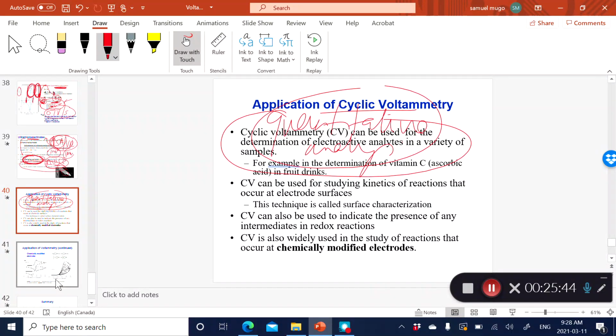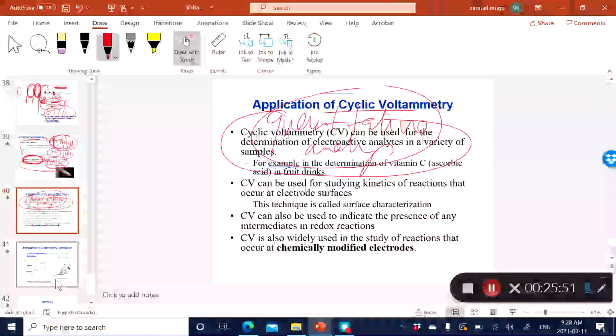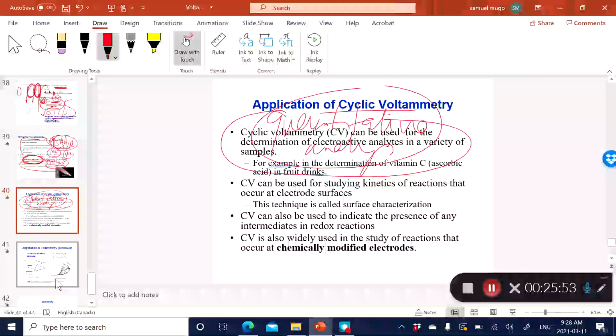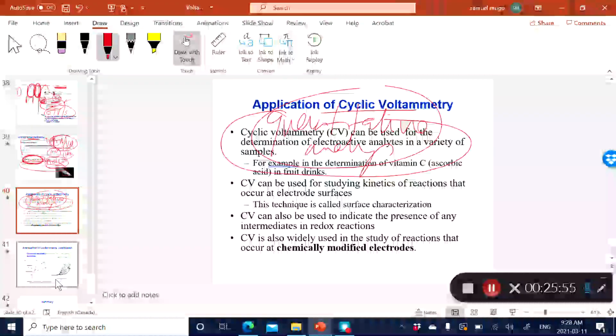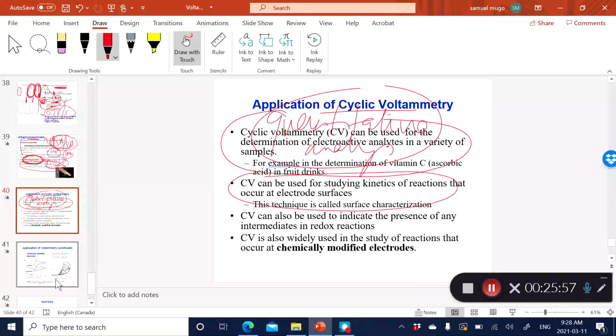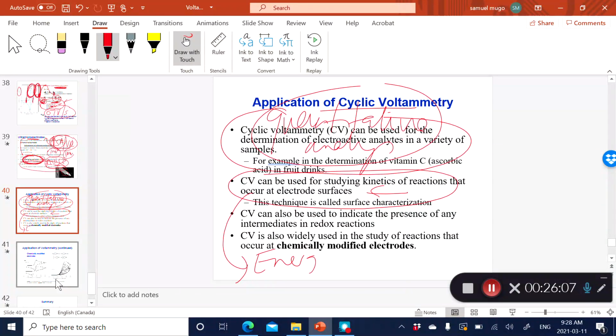Any redox analyte, or any analyte that is electroactive, you can use cyclic voltammetry to probe quantitatively. It is also a surface technique, meaning it's a great technique to study the redox processes of materials of interest. And you heard me talk about energy devices.